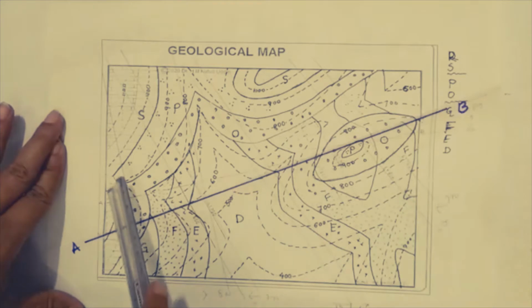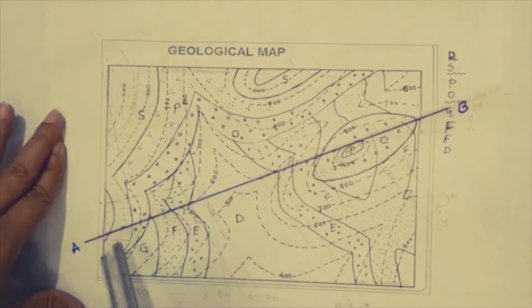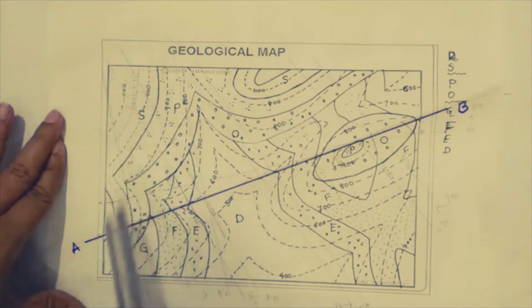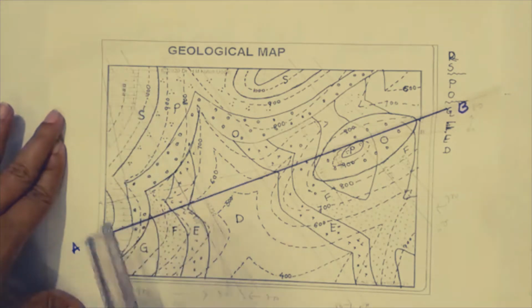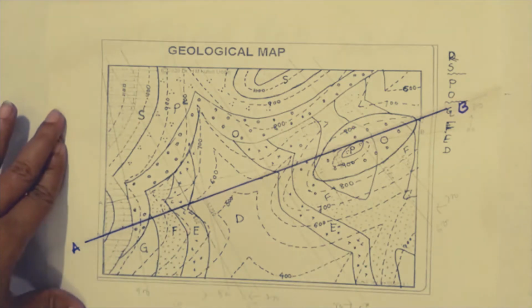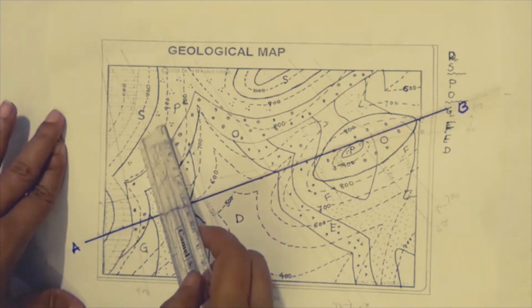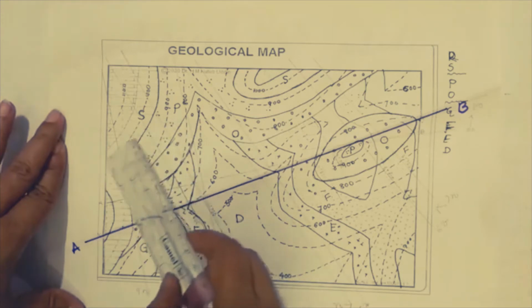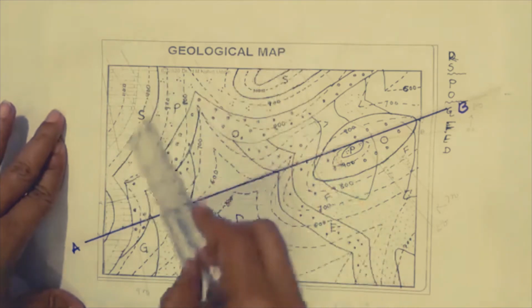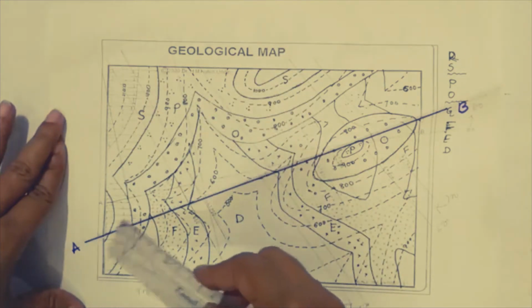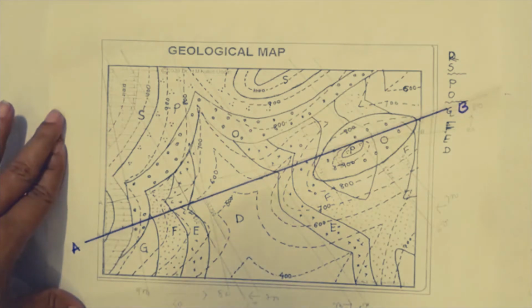This is one of the beds, and this is bed S. Here the beds and the contours are in parallel position. Beds and contour never intersect each other. Rather, beds and contour are running parallel to each other. That means those are horizontal beds. So this bed and this bed both are horizontal beds.